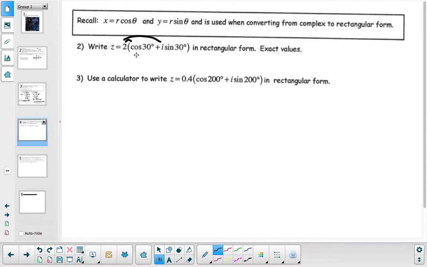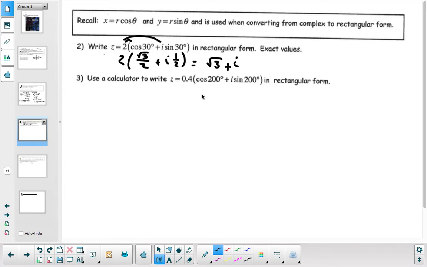Cosine 30 is root 3 over 2. This would be i times 1/2, or i over 2. I'm going to leave it like this, though. Times 2. We're going to distribute the 2 now. We have root 3 plus i, which is rectangular form. Again, these mean the exact same thing.